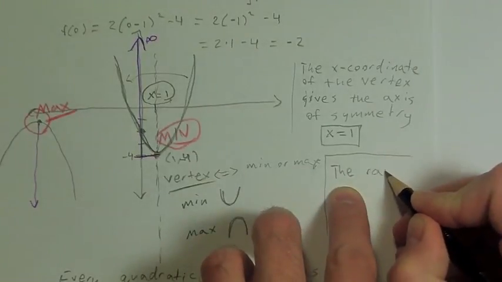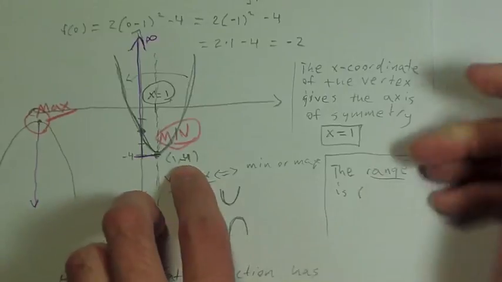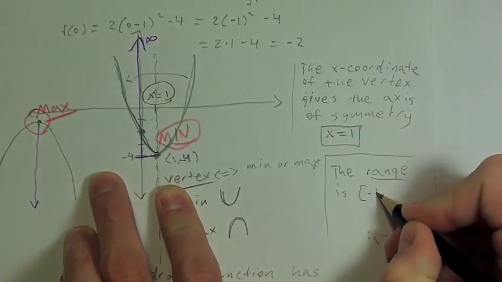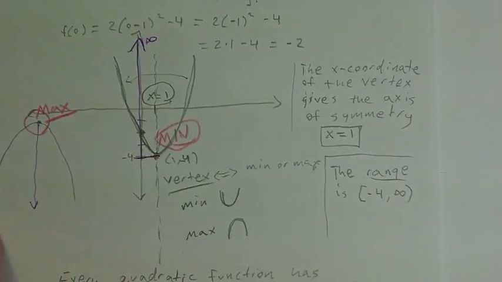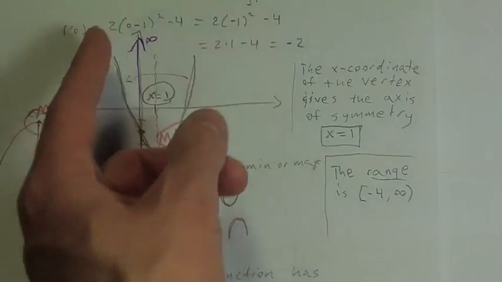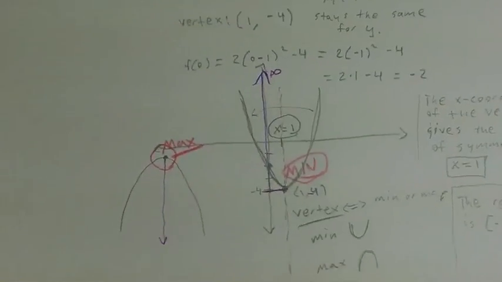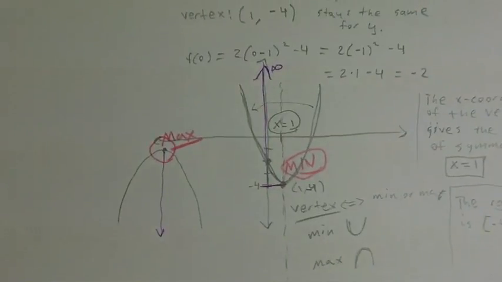But the range is going to be -4 to infinity. And if you open downwards, it's negative infinity up to whatever the y value is.